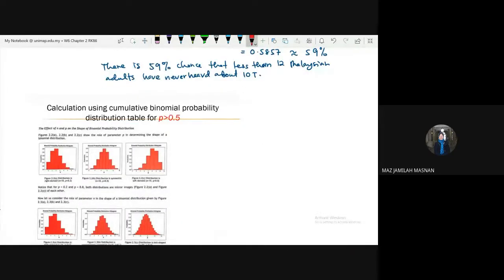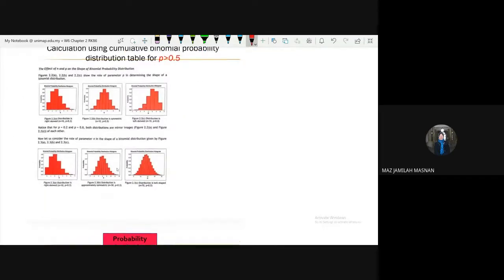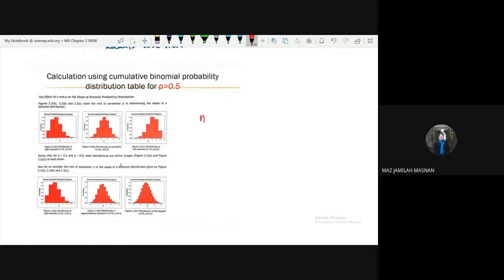Now the histograms that you have on page 53 are just to show that if your n increases and your p is too small, see, if your n is maintained at 10 and your probability of success is 0.2, and this probability of success increases in value, what happens?